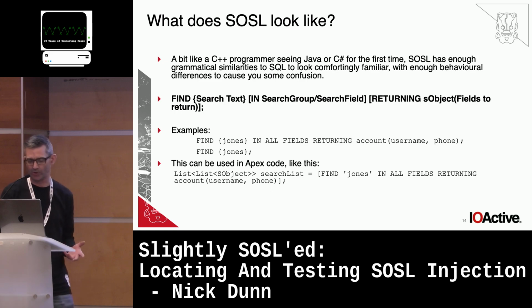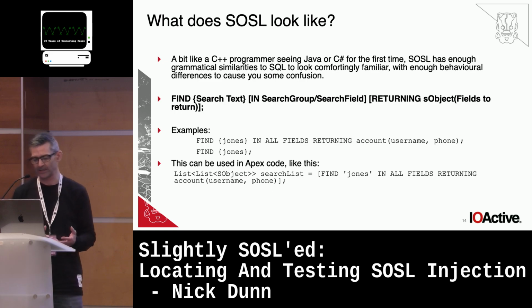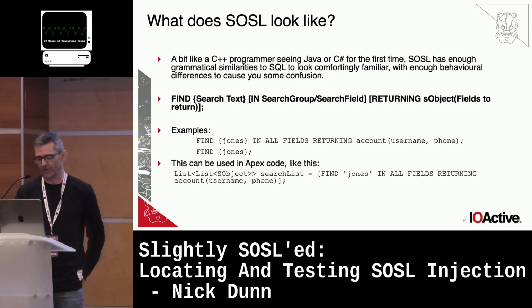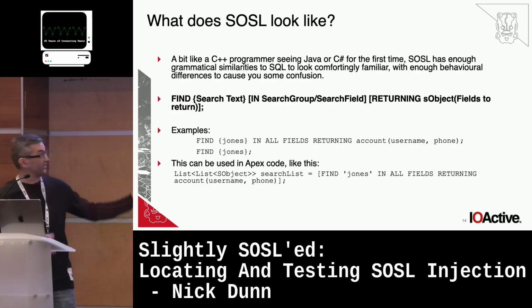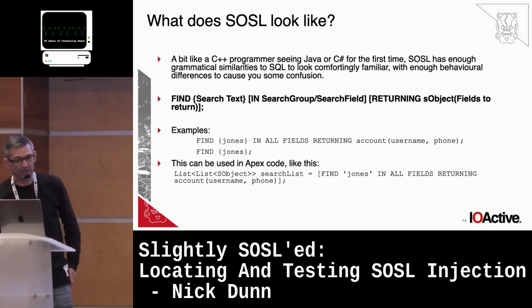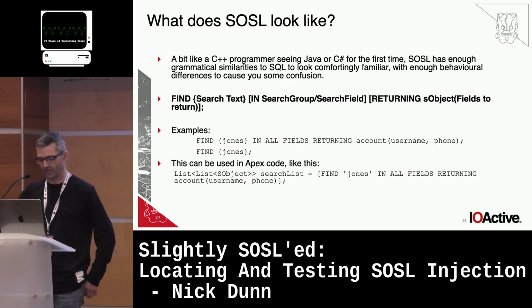The find keyword is always present, and then it has a number of other optional fields after where you can search different groups or fields and return different objects from Salesforce. And that thing right at the bottom there, that's what it looks like when it's used within Apex code or called from Apex code.